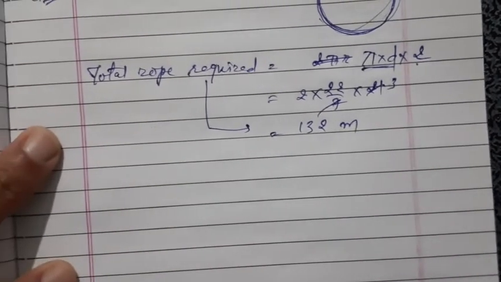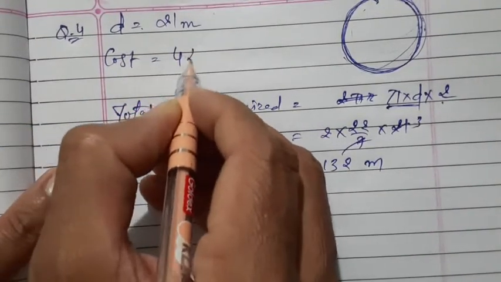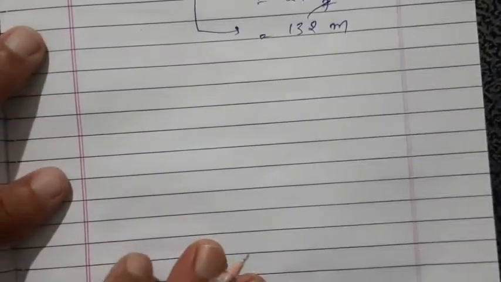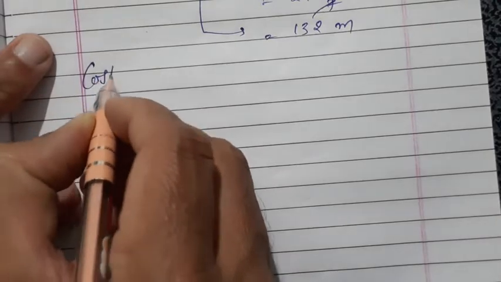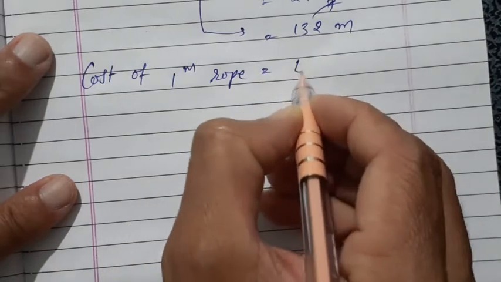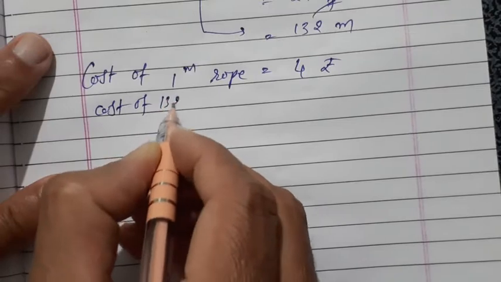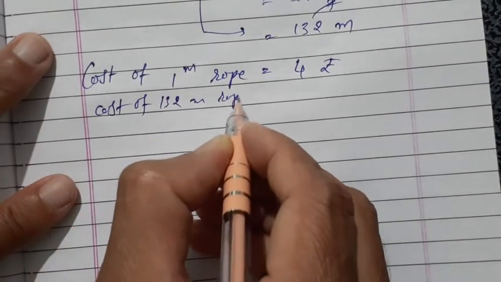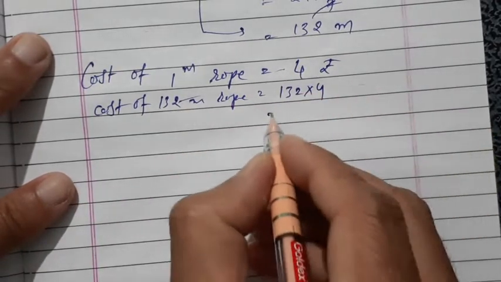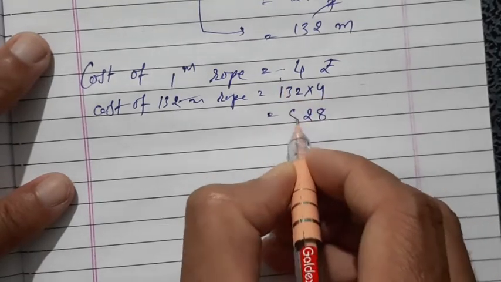Okay, now here cost is given. What is the cost? Cost equal to 4 rupees per meter, means cost of 1 meter is 4 rupees. Then cost of 132 meter rope equal to 132 into 4 multiplication. 4 2s are 8, 4 3s are 12, 1 carry, 4 1s are 4 and 1 is 5.